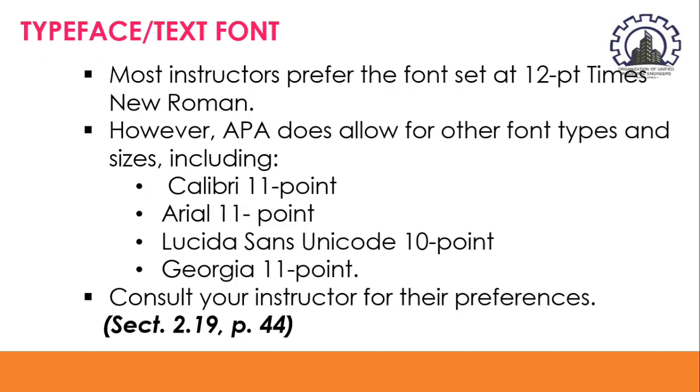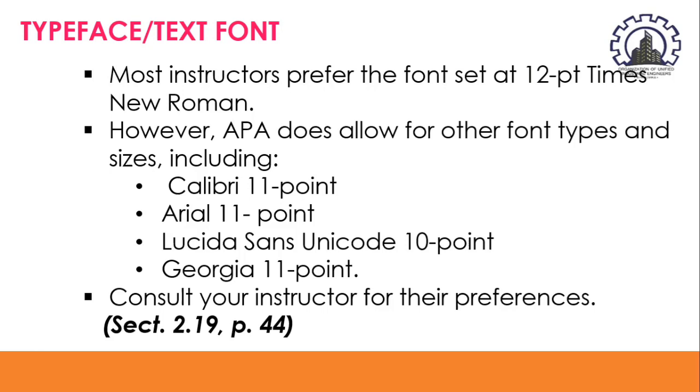And also, the typeface or the text font rather. Now, for the typeface or text font, take note that most instructors prefer the font set at 12-point Times New Roman, okay? However, APA does allow for other font types and sizes already, especially for today's edition, 7th edition.